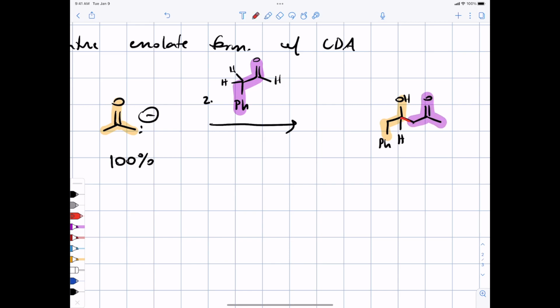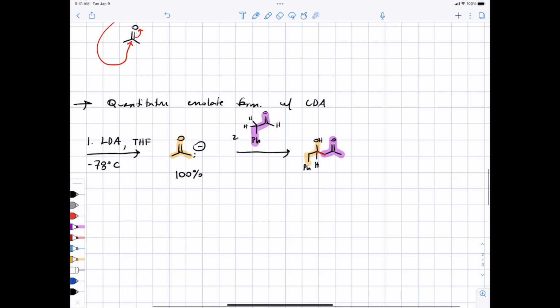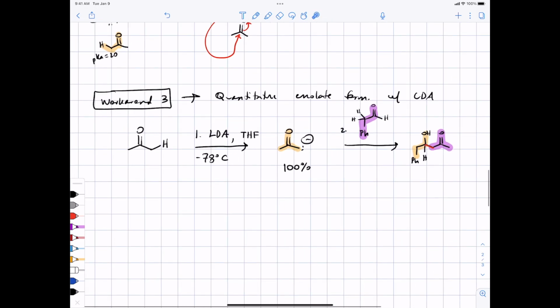The desired molecule is my enolate, and the desired molecule is my electrophile. So experimentally, that's a little bit tricky, but we're going to pretend like it works like a charm 100% of the time. This is called the directed aldol.